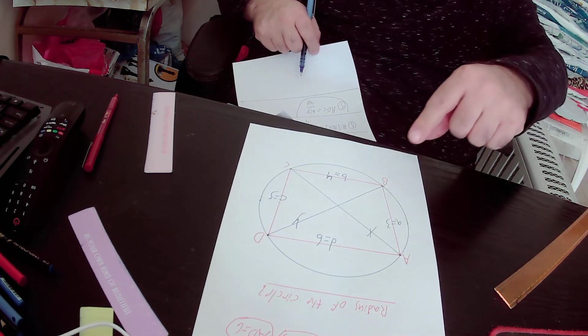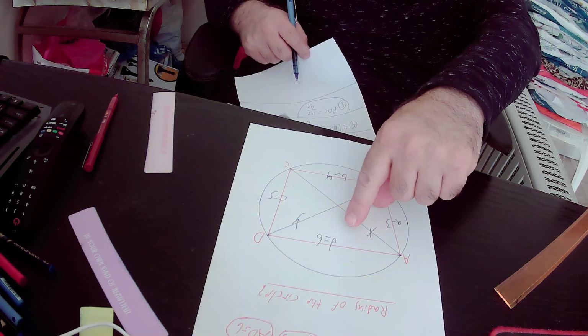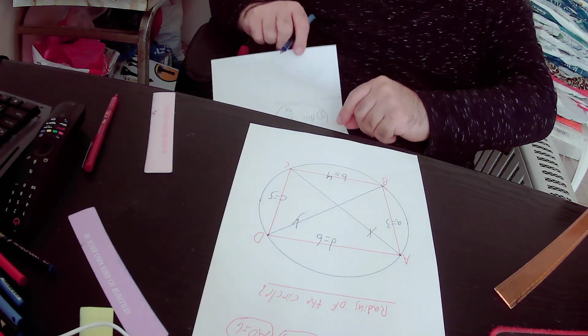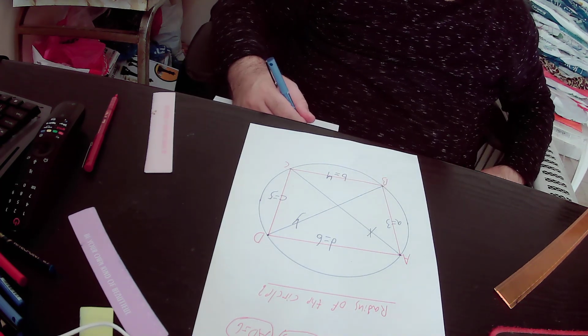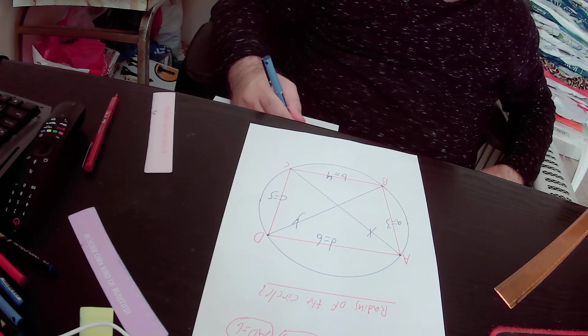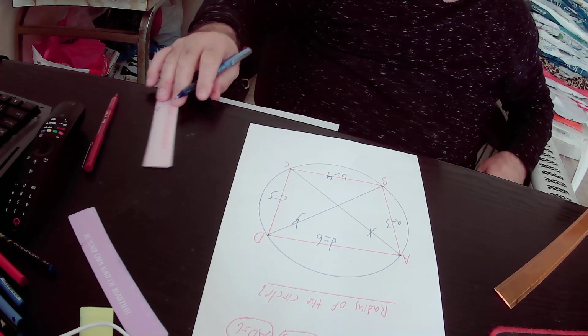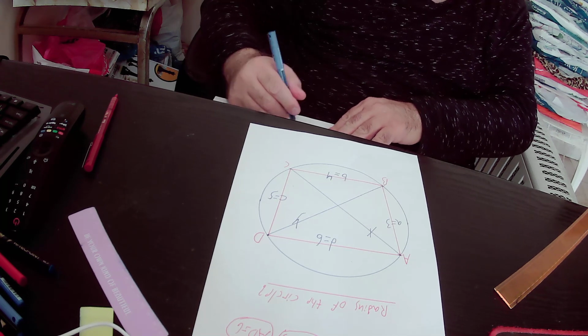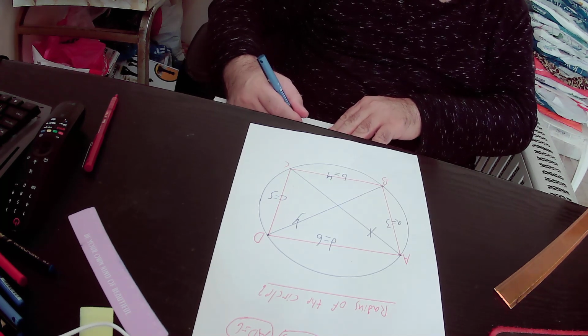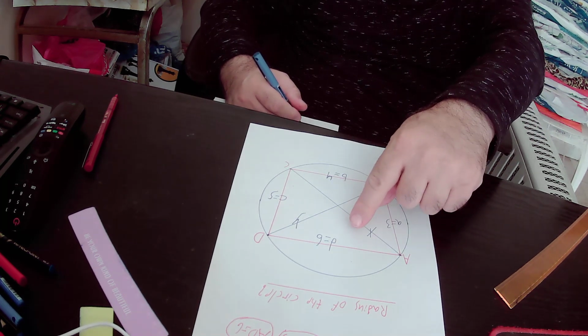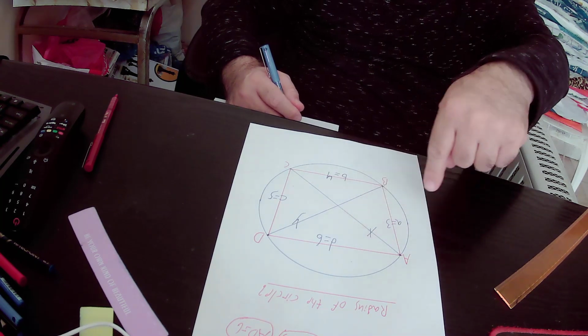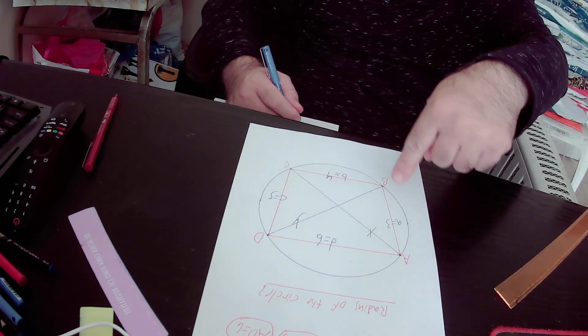In the next step, we will focus on this triangle ABD. Actually, this triangle ABD is inscribed by this blue circle.